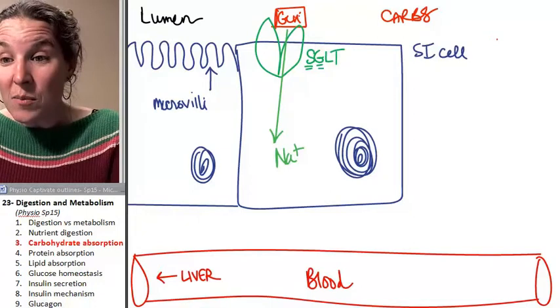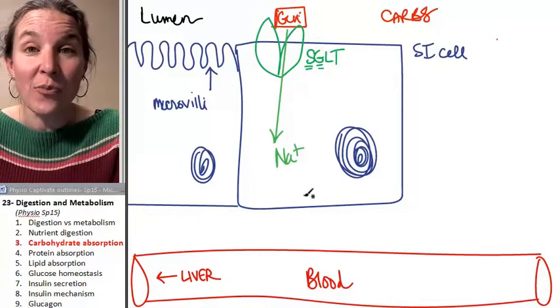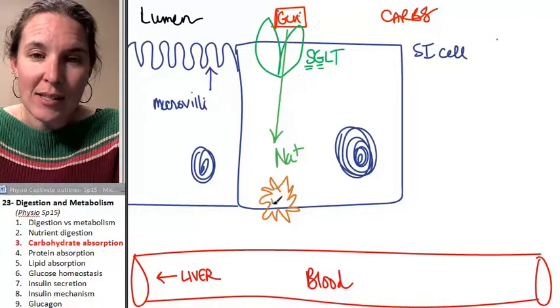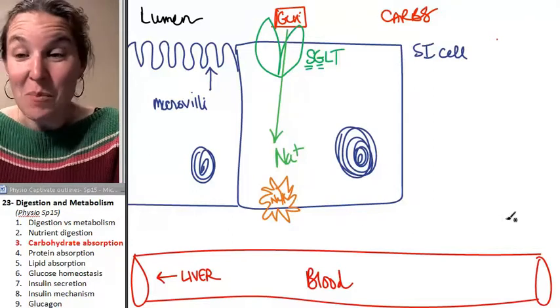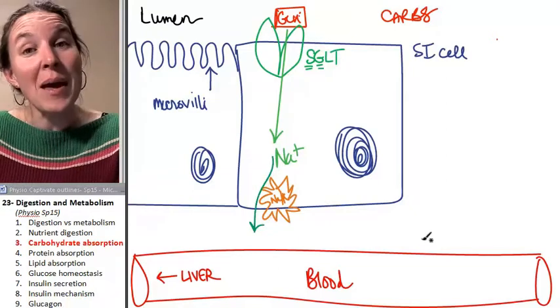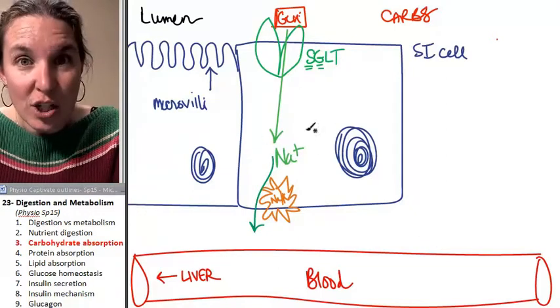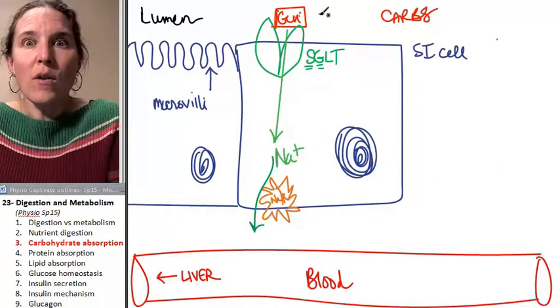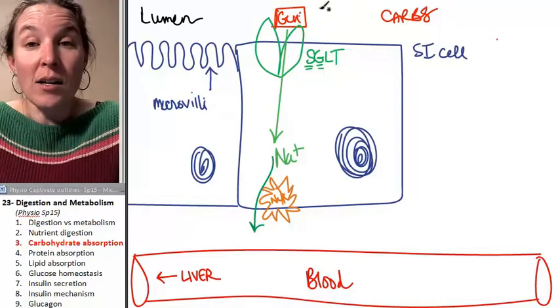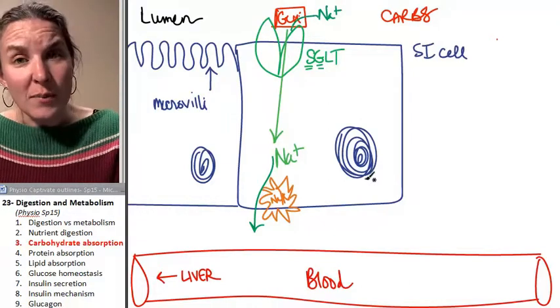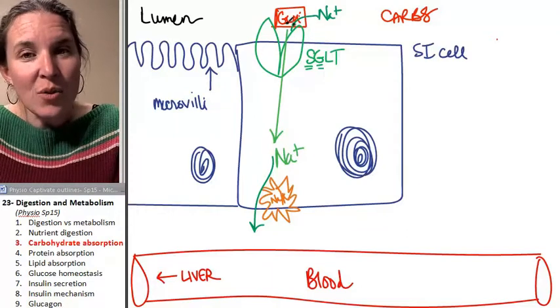If you want a sodium concentration gradient, what are you going to have to do? You're going to have to pump sodium out of the cell. Who's this? Yes, indeed, that's your sodium-potassium pump. The sodium-potassium pump is going to send sodium out, creating a concentration gradient inside of this cell, which motivates sodium ions from the lumen to hitch a ride through SGLT.